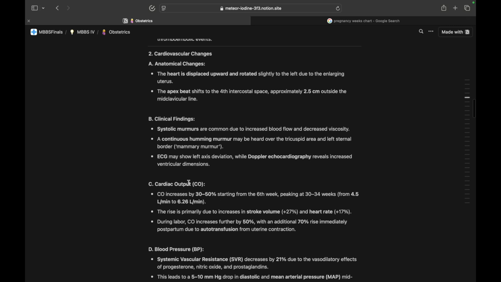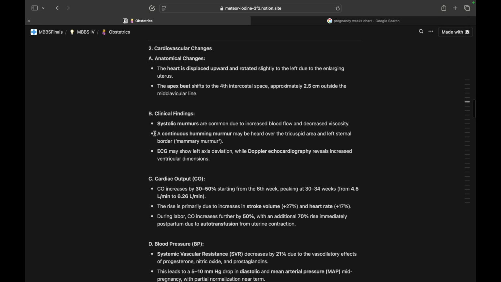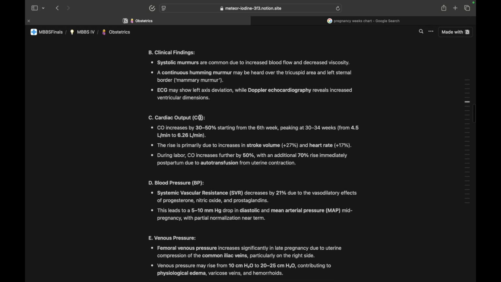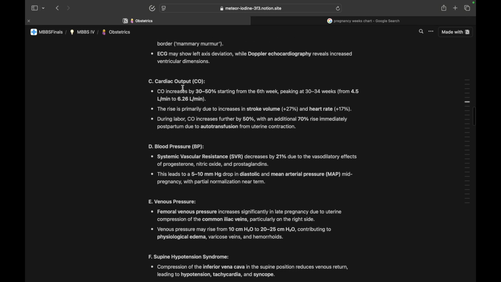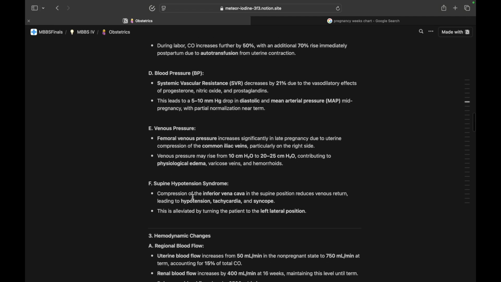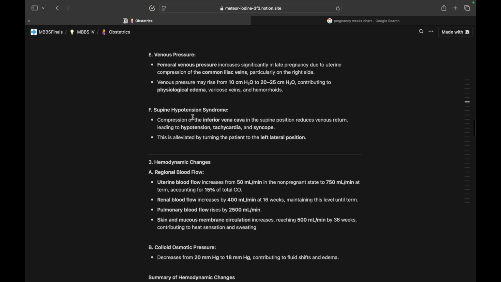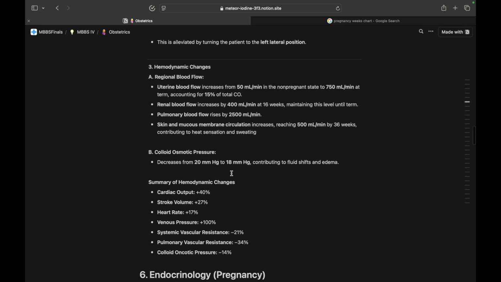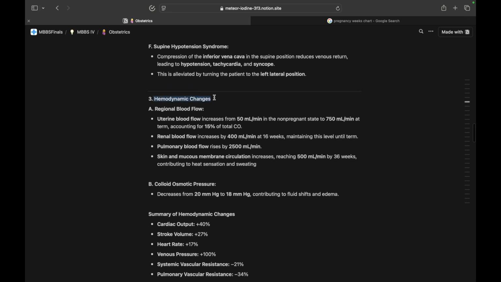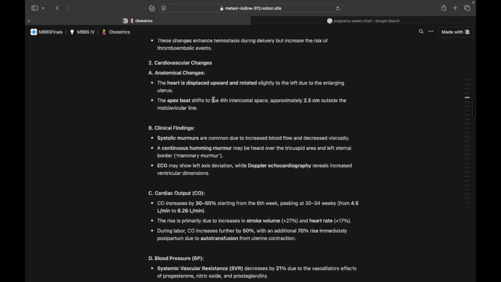There is anatomical change and the clinical findings, and then we speak about the physiology: cardiac output, blood pressure, venous pressure, and a pathology. I'm not particularly sure whether you should call it a pathology, but fine: supine hypotension syndrome. And finally, we look at the hemodynamics, the changes in blood flow.